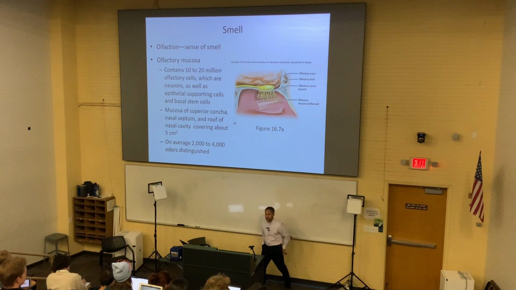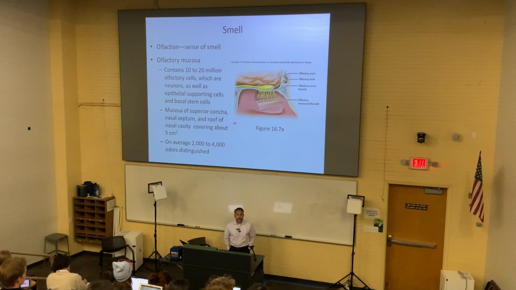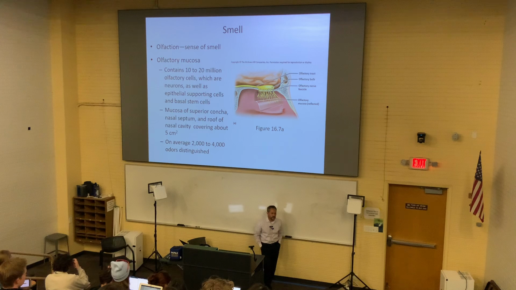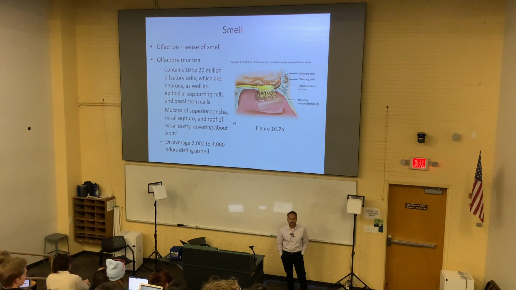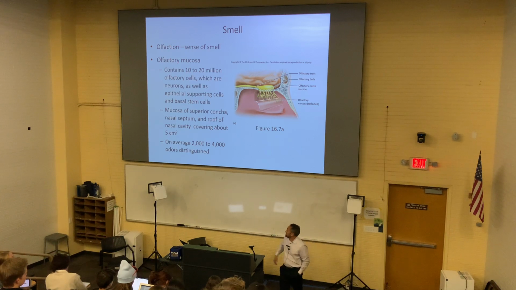Okay, so let's play this out. What was the biggest number that we had of taste cells in the last part of the lecture? 6,000, 10,000, right? So we're in the thousands. The olfactory mucosa contain 10 to 20 million olfactory cells.